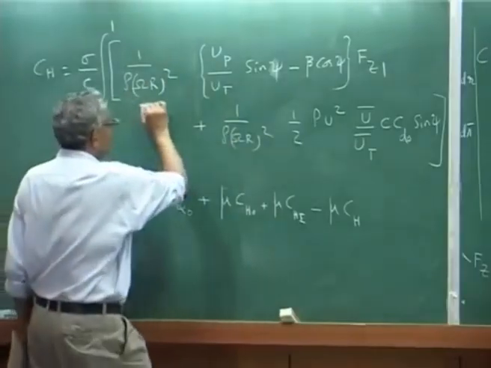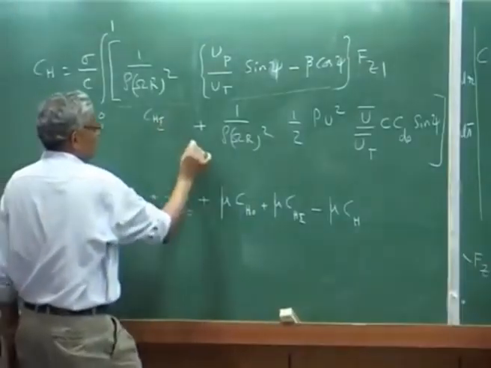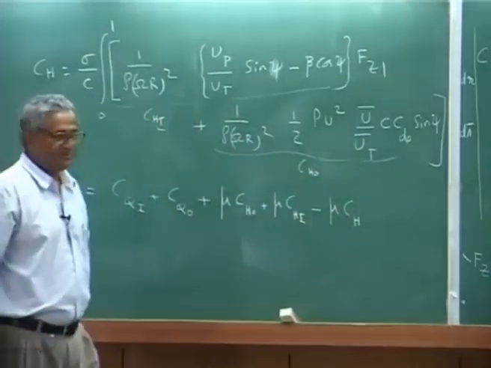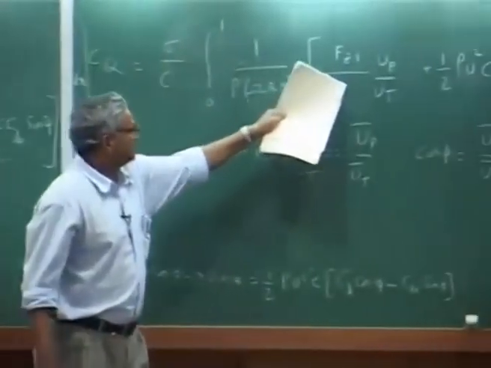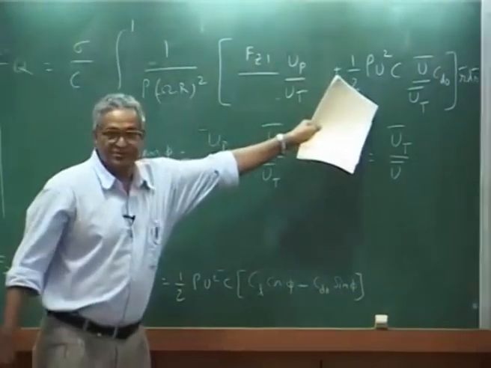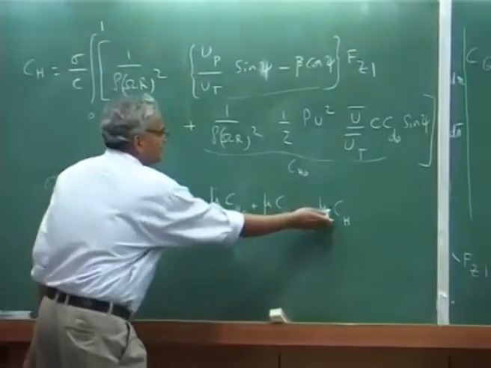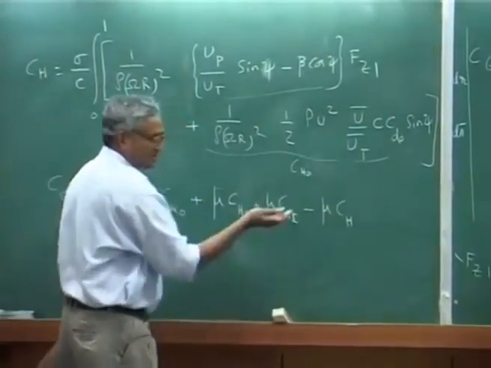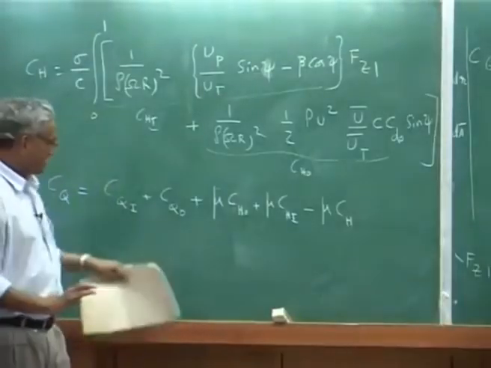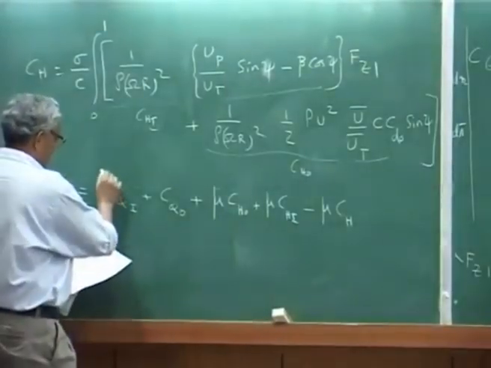I am writing this term as C_HI, this term as C_H0. Same thing here, this term as C_QI, and that is C_Q0. Then you add and subtract, because basically C_H is C_H0 plus C_HI. It is kept in this fashion. Now, what is done is they calculate these two terms and add them.